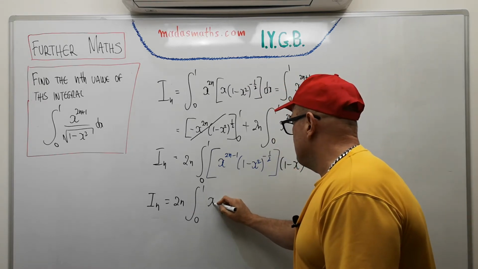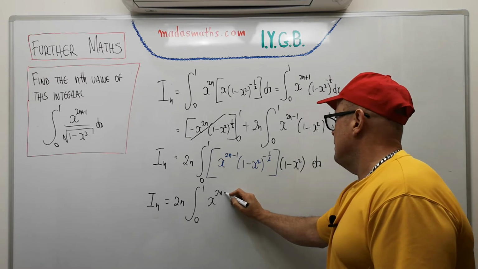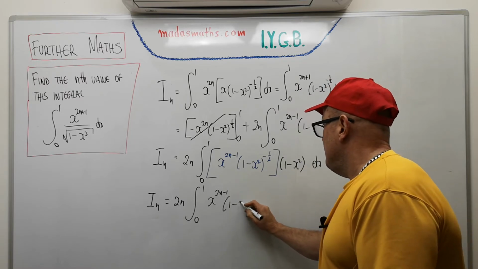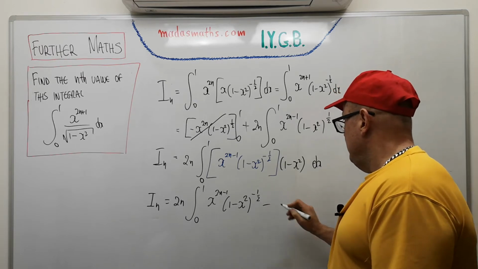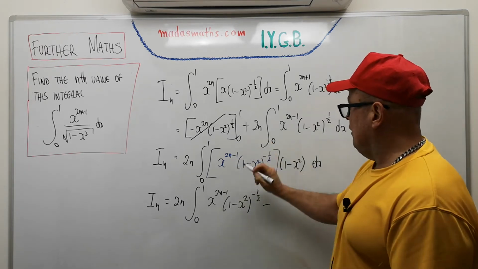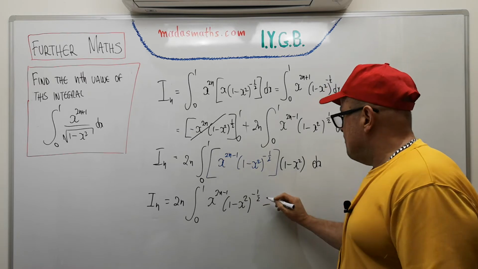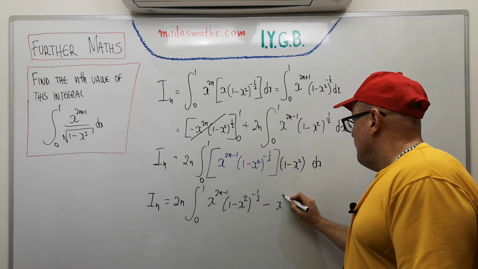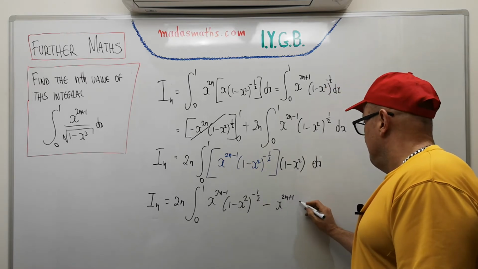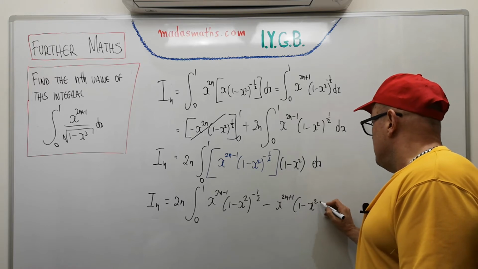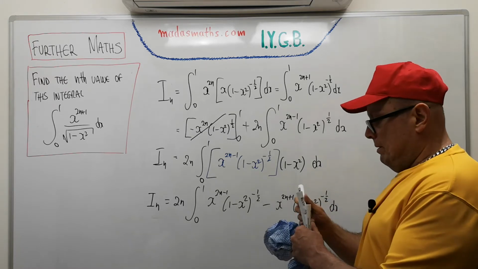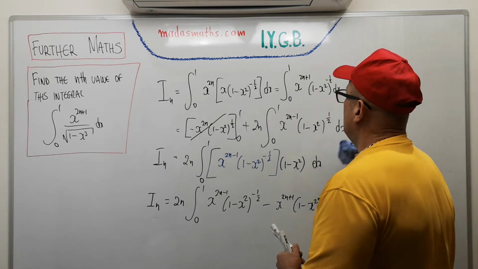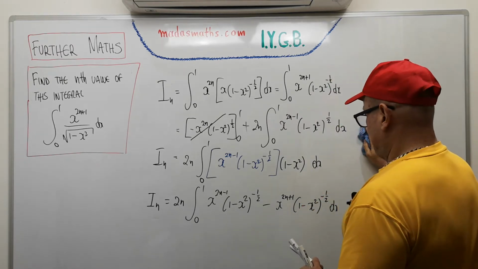Multiplying that times 1 just gives me exactly the same thing back: (1 - x^2)^(-1/2), minus x squared times all of this. The x squared will raise the power of x now back to 2n+1, (1 - x^2)^(-1/2) dx. So now I'm in business.